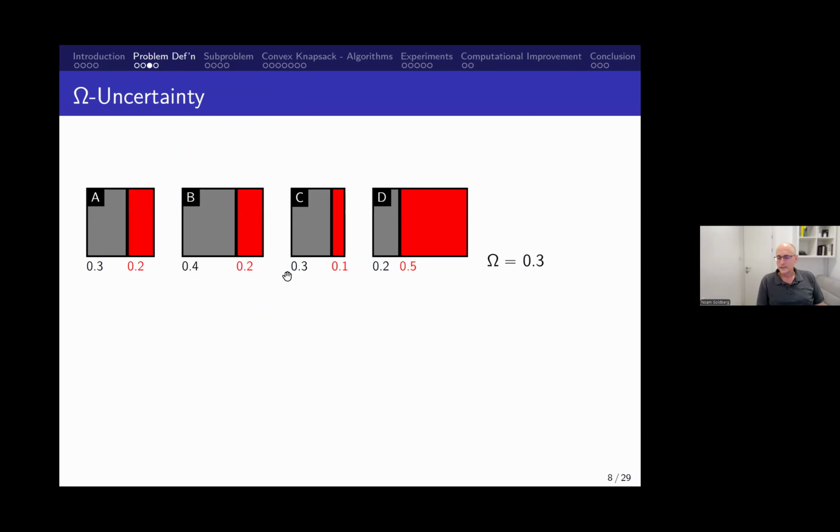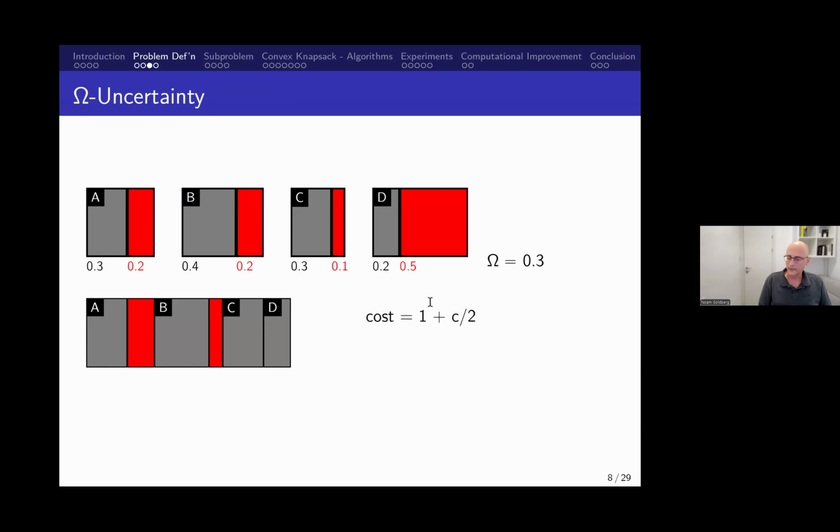Okay, so just some more intuition for the Omega uncertainty. Let's say we have these four items. We have the given nominal sizes, and we have the deviations in red, and we have the uncertainty budget of 0.3 in this case.